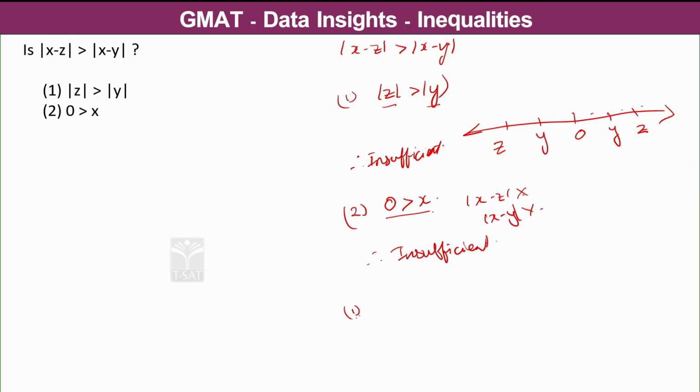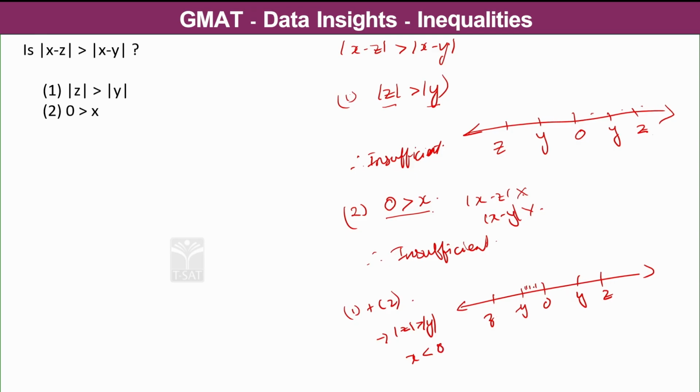Statements 1 and 2 together: it says that mod z is greater than mod y, so either y is here and z is here, or y is here and z is here, and it is saying that x is less than 0. So, x can be anywhere on this side of the number line.